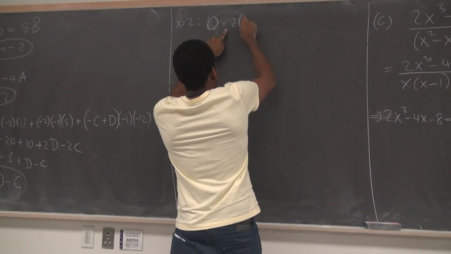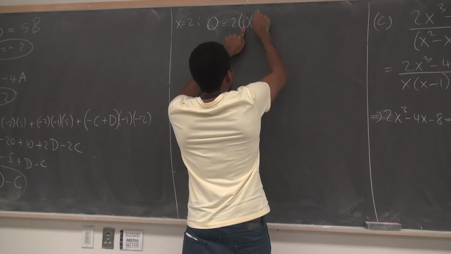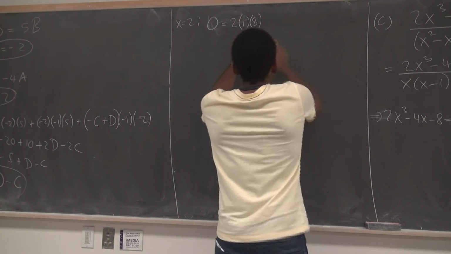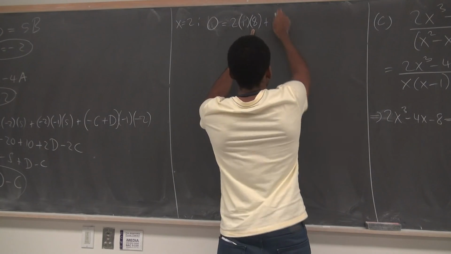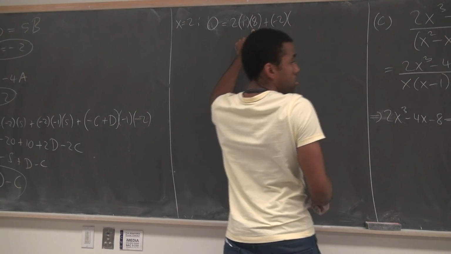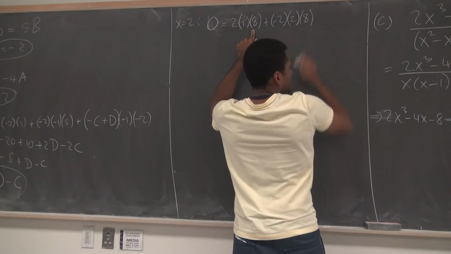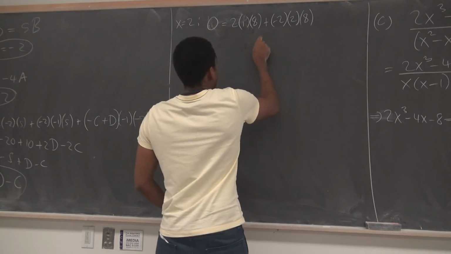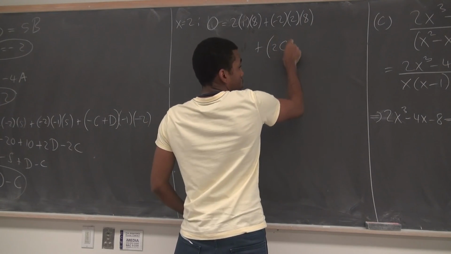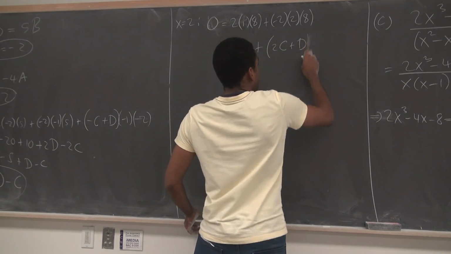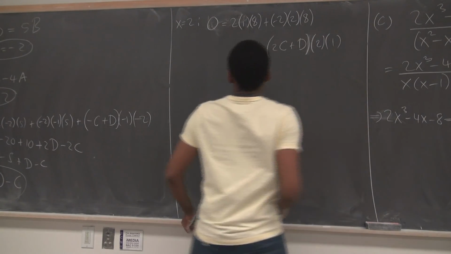So I get 8 and 8 plus, do I know the b? b is negative 2. My x is 2. Plus 8 again. And this is 8 plus my x is 2, so I have 2c plus d, 16 minus 8 times 2 times 1.